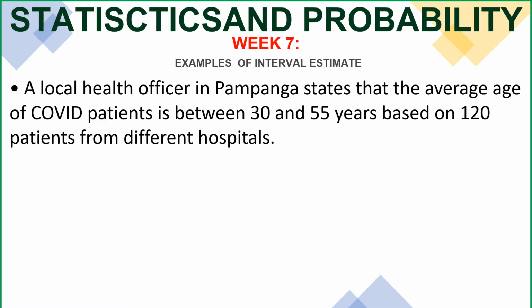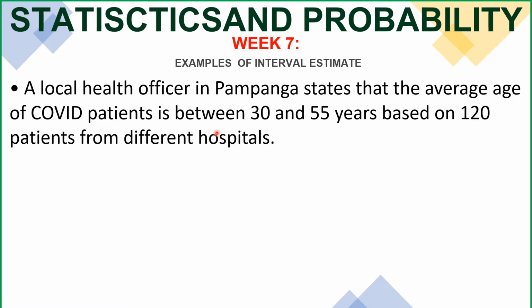So, sabi dito, average age of COVID patients is between 30 to 55 years based sa 120 patients sa iba't ibang hospital. Inestimate niya lang yung age ng 120 COVID patients sa iba't ibang hospital na nagre-range sila sa 30 to 55.